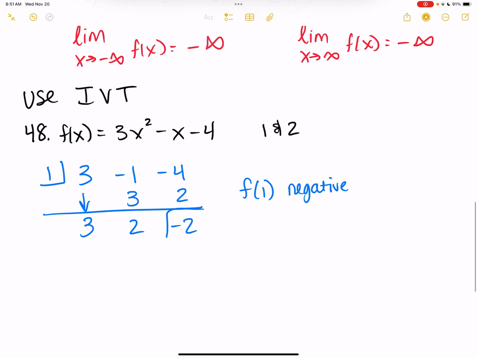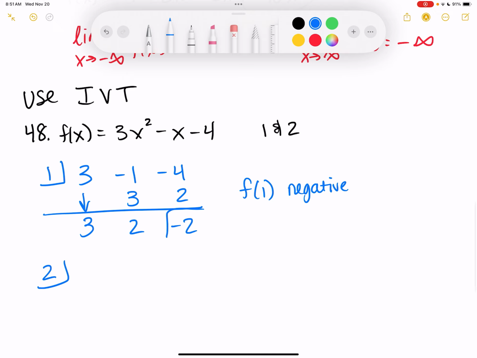Use 2 and do the same thing, but I have to use the original numbers when I do this, not the factored numbers. I can't really use this because I had a remainder anyways, but just so you know, use the original numbers. So 3, negative 1, negative 4. Bring down the 3, times 2 is 6, minus 1 is 5, times 2 is 10, minus 4 is 6.